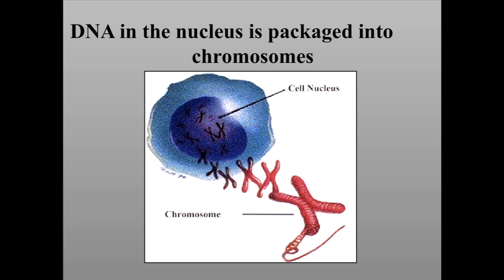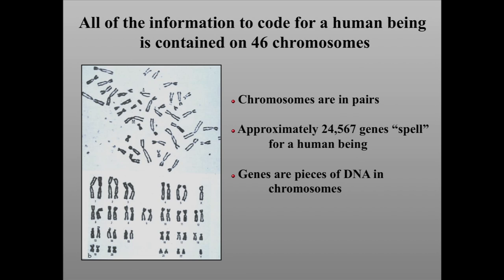And in a human, or in lots of eukaryotes, the DNA in the nucleus is packaged into chromosomes, and in humans we have 46 chromosomes, 23 from your mother and 23 from your father. And two of these are sex-determining chromosomes, an X and an X if you're a female, and an X and a Y if you're a male.